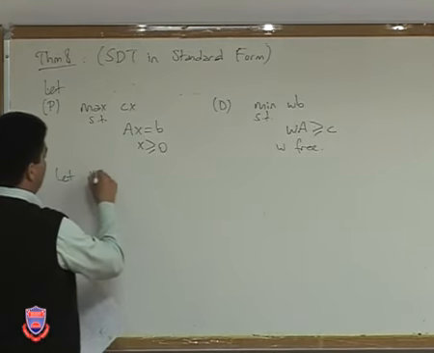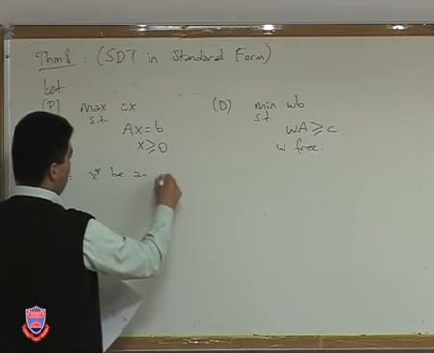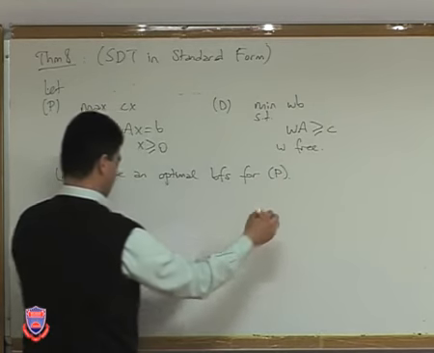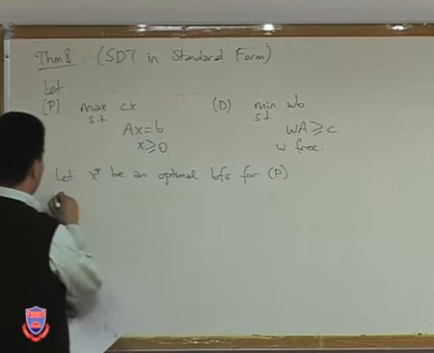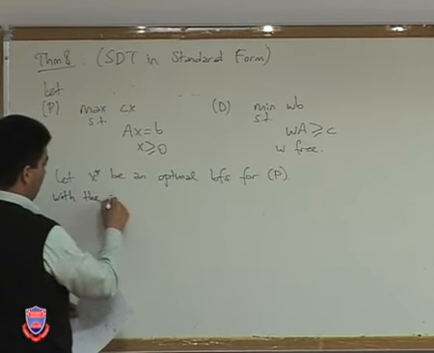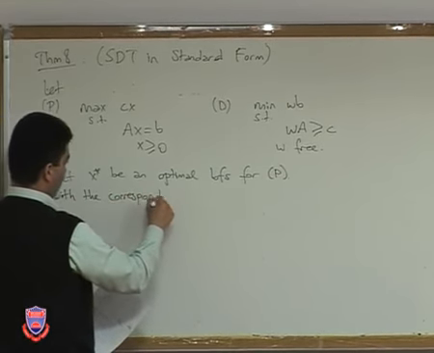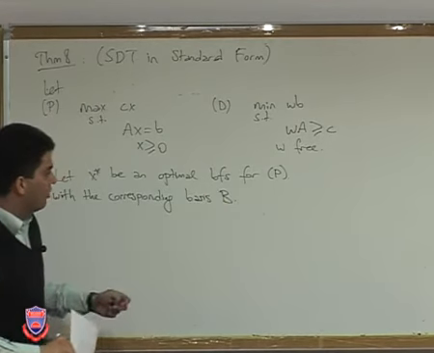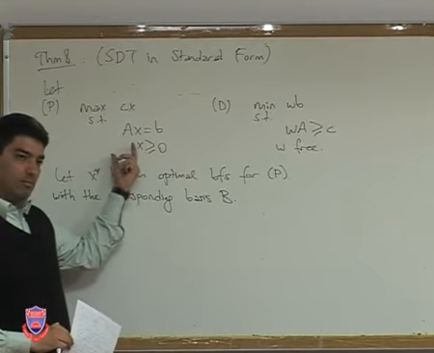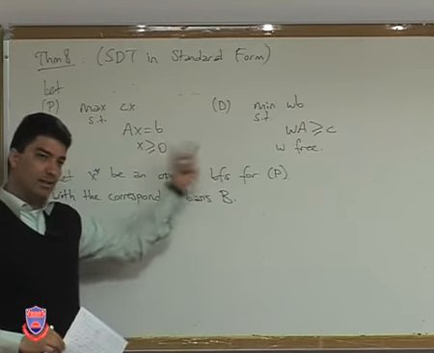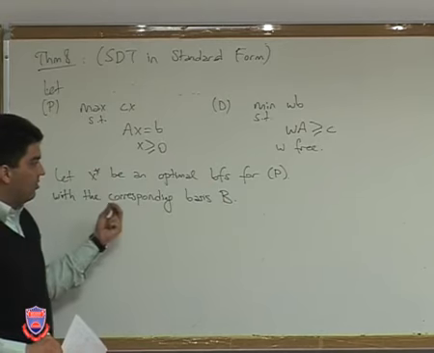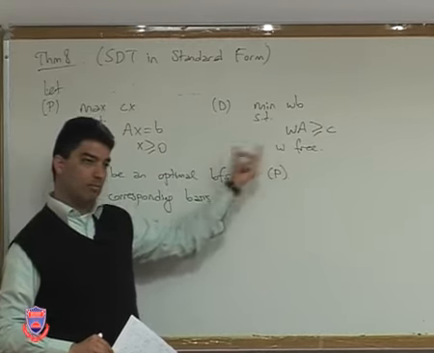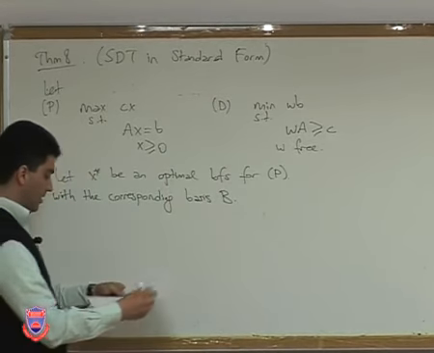So let X star be an optimal basic feasible solution for the primal problem with the corresponding basis B. Now all I'm doing is just changing the form of the primal problem. Okay, the dual problem changes accordingly. So now what I'm interested in is, if I have an optimal solution for the primal problem, can I still find an optimal solution for the dual problem in this case? And the answer is yes.